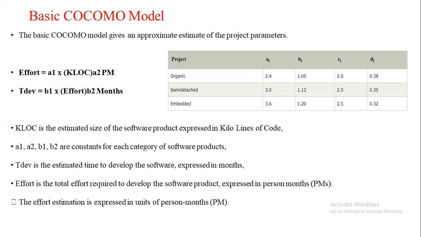This model helps you find out the effort, in the sense of the number of persons required for developing your software project, and then the development time. For this, we use a formula: effort = A1 into KLOC, kilo lines of code, that is how many lines of code you have to write for your project, to the power A2, in PM, person months.